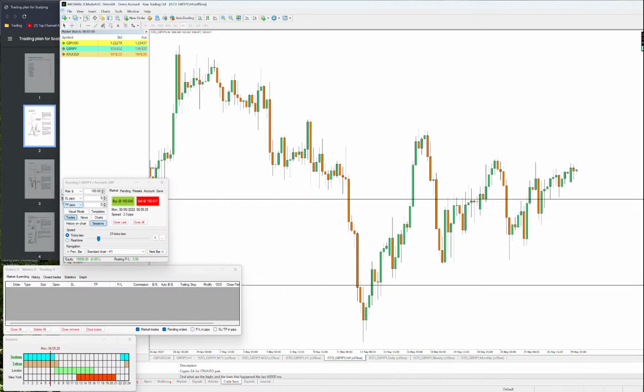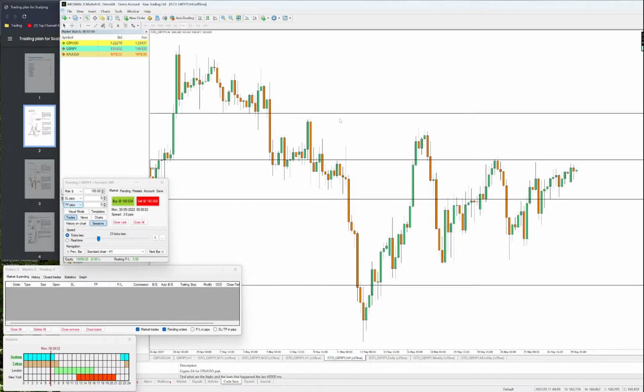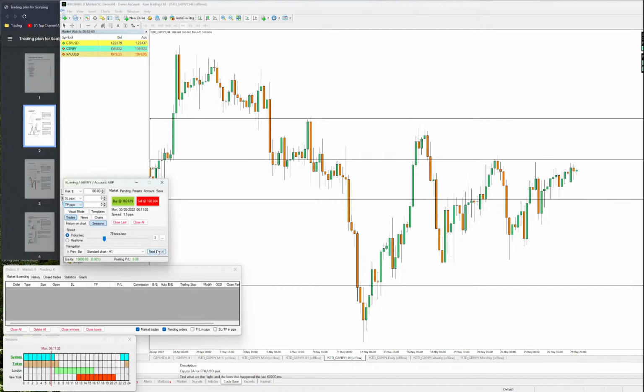So we need to break either above here. We have this clean traffic above here till here, 180 pips, which we can potentially mirror. Or above here, we have a resistance also. So let's go ahead and maybe fast forward this.